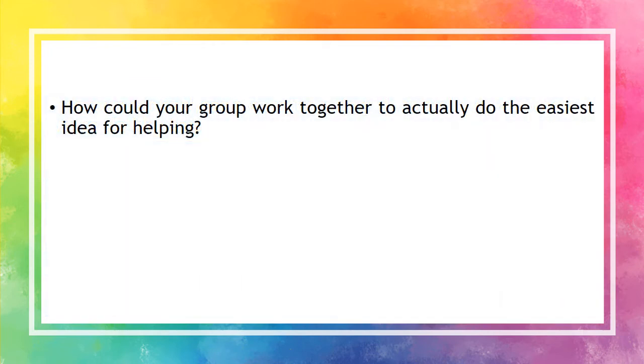How could your group work together to actually do the easiest idea for helping? Now, this was not just to give suggestions like what can be done, but you also have to think like if you had to do that idea, how you can work together to do that. Suppose your idea was to arrange tables and chairs.